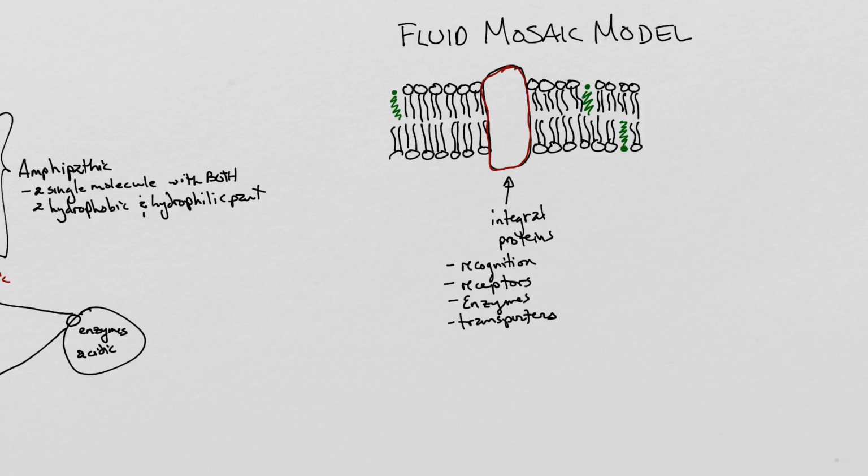All right, so we've got all kinds of cholesterols here. And remember that these cholesterols help to decrease the fluidity of the membrane, because these cholesterols are attracted to many surrounding phospholipids.